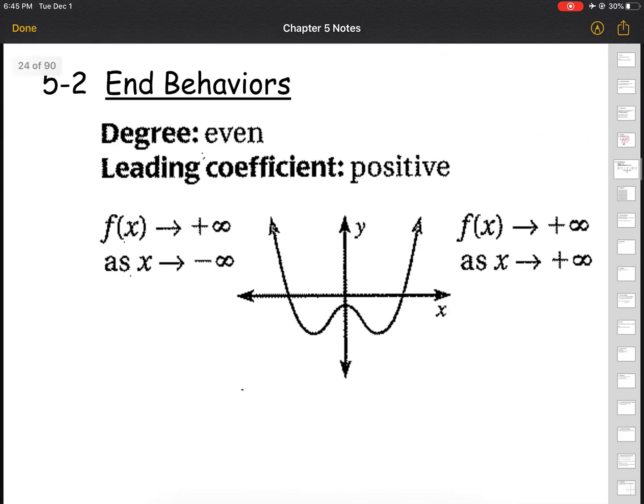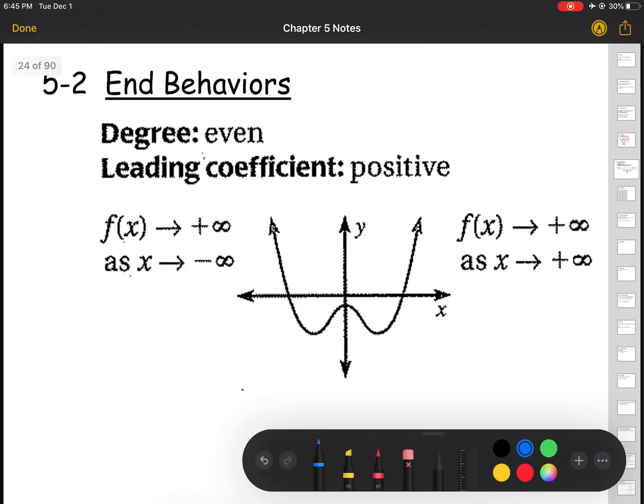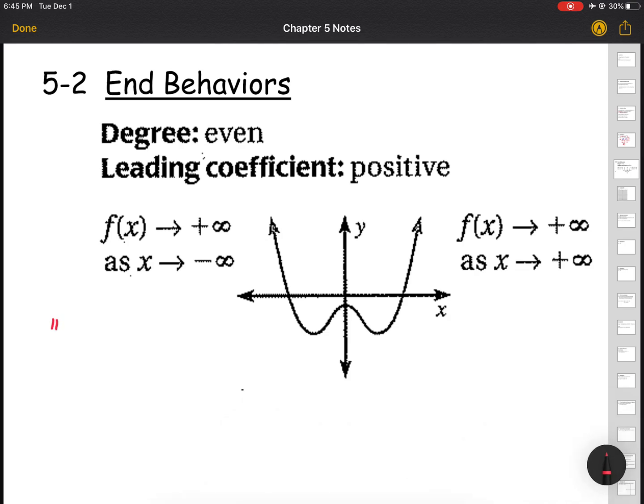But what if we have even degrees, right? So these are what I like to call parabola-looking shapes, or these are either the U shape, okay? So if my degree is even, so 2, 4, 6, 8, 10, all that kind of stuff, and my leading coefficient is positive, then it's going to look like the U-shaped graph, okay?